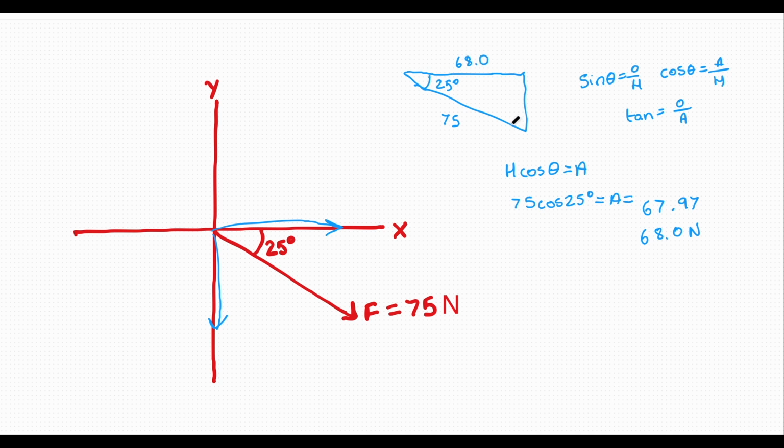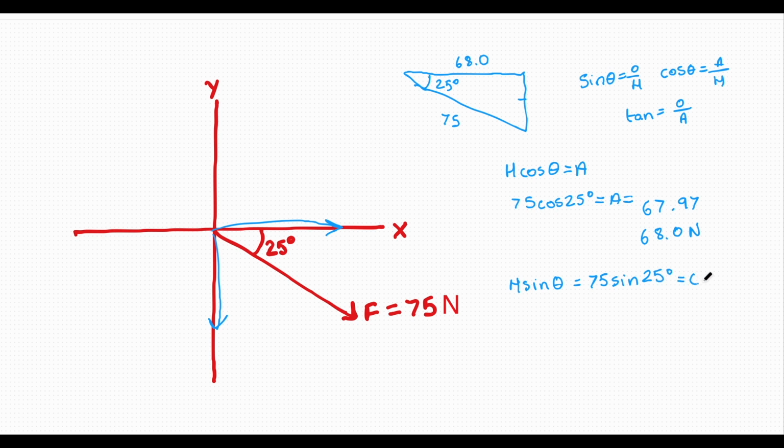Now let's try to find the y component, which in this case would be this side, which is the opposite side of the triangle. So if we know the opposite side and we know the hypotenuse, we can use sine, and if we rearrange, the hypotenuse sine theta, which is 75 sine 25.